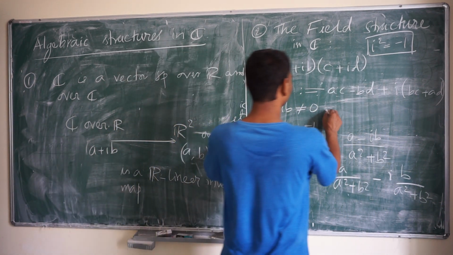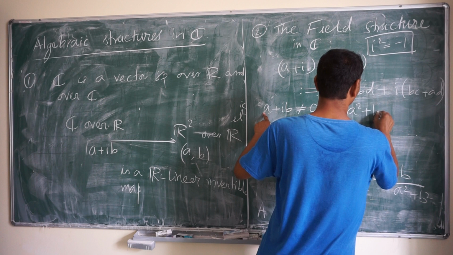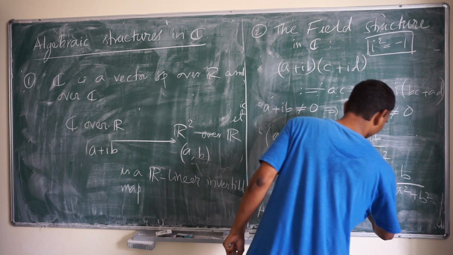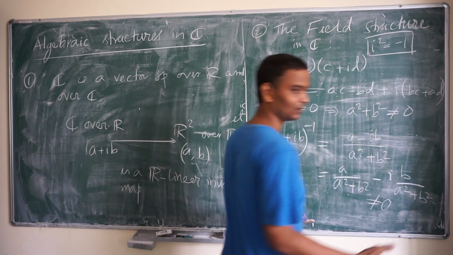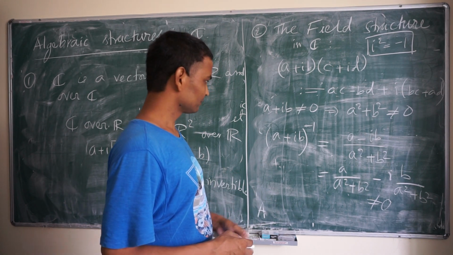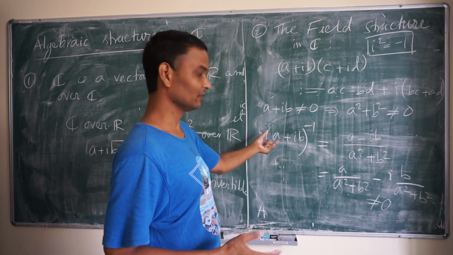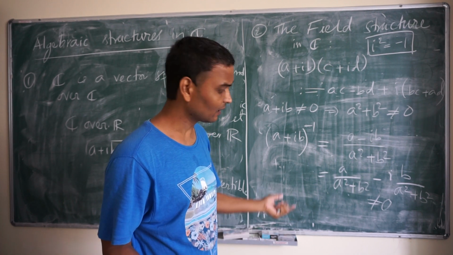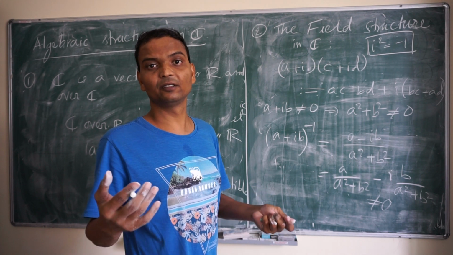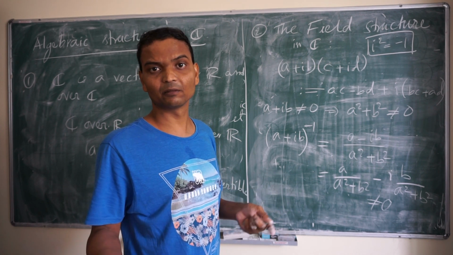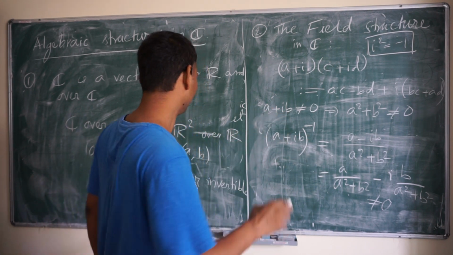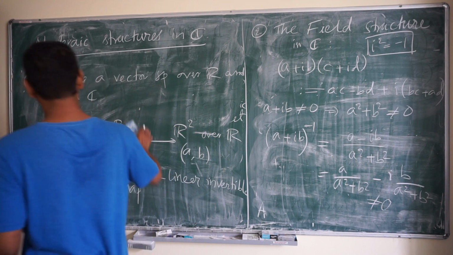Since this is non-zero, A squared plus B squared is not equal to 0, so this makes sense, and it is also a non-zero complex number. So it has a field structure: every non-zero number has an inverse. This field structure enables Cauchy's definition of differentiability, analogous to R. Let's look at that again.